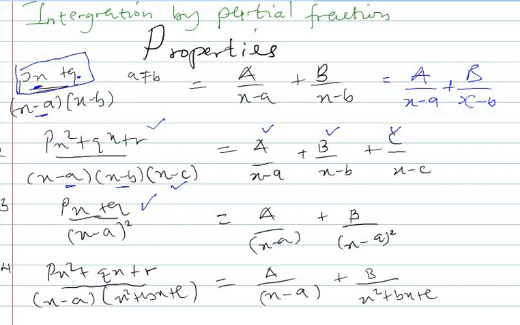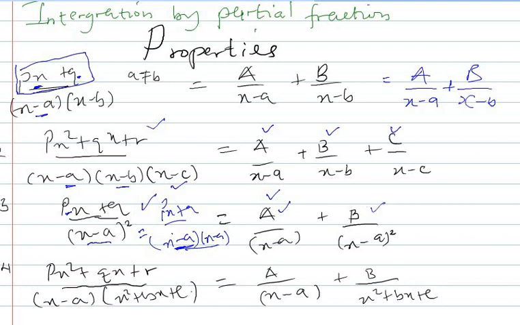For the third property, if you have px plus q all over x minus a whole squared, the denominator is x minus a, another x minus a. So the first one you take A over the first bracket, and then plus B over the whole bracket, that's x minus a whole squared.